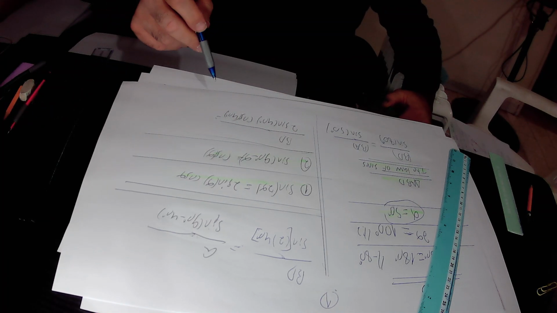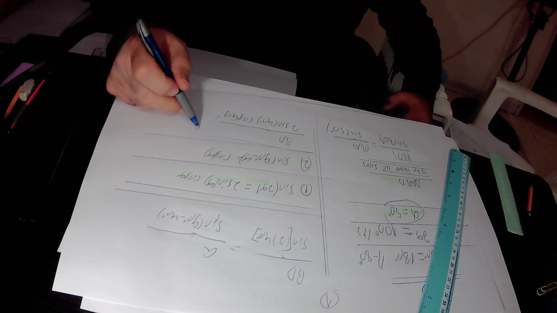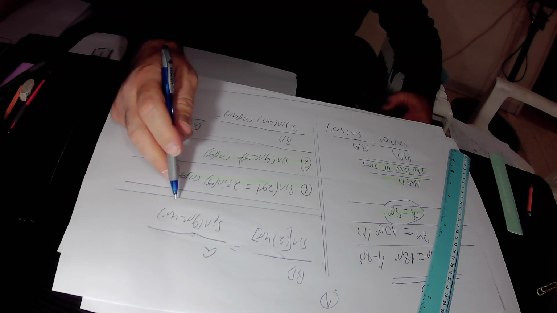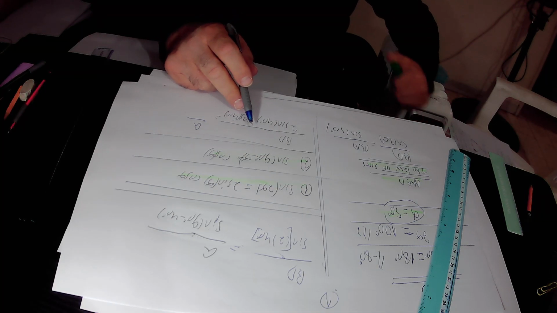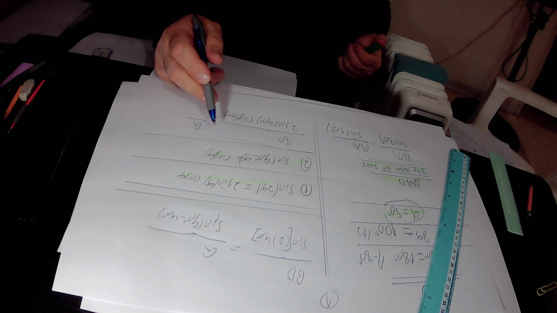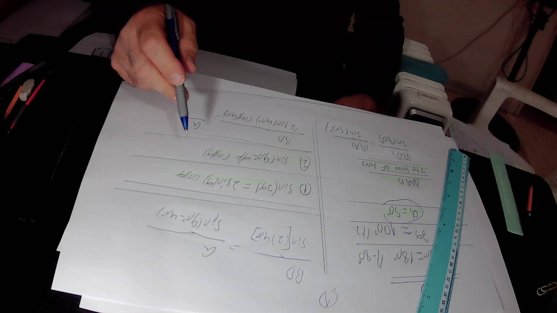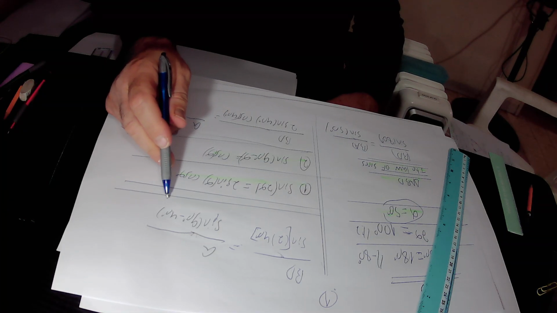On the other side of this equation we have A over sine 90 degrees minus 40 degrees. According to the second identity, sine 90 degrees minus 40 degrees equals cosine 40 degrees.